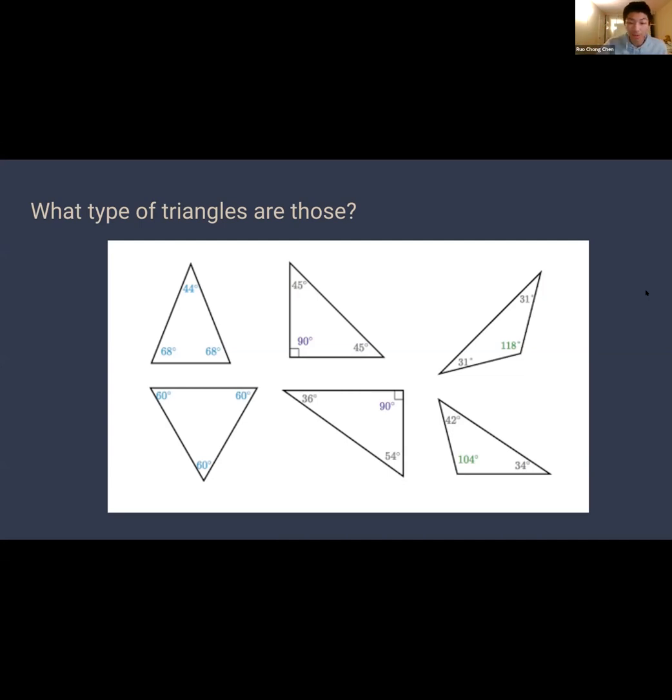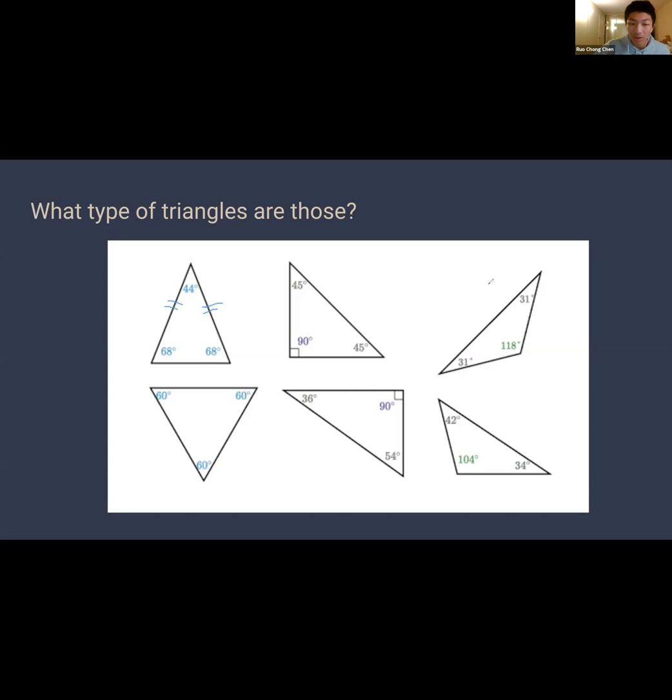We can easily know that for the two equal angles, the sides they are opposite to are equal. So this is an isosceles triangle.